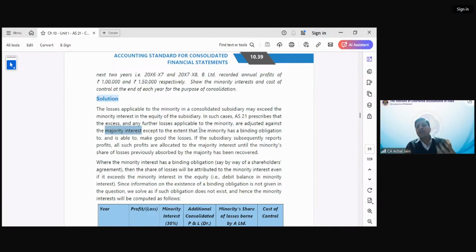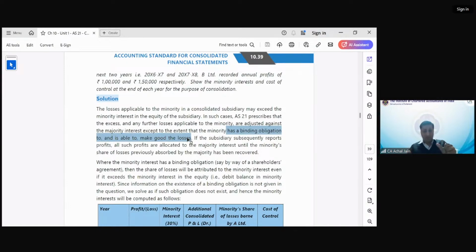So every time you look at the loss situation for a subsidiary, a portion of that is required to be given to the minority. Please remember, if the question doesn't specify that minority has a binding obligation to make good the losses, what will you do?